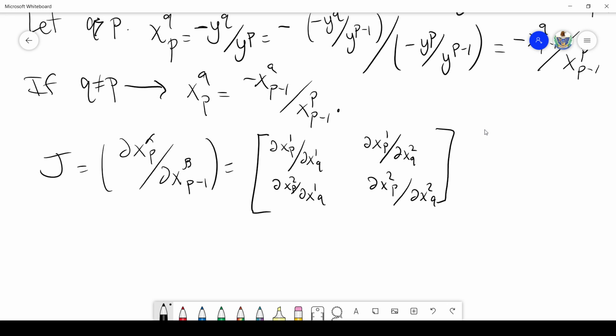So essentially the row determines the coefficient of xp, and then the column determines the coefficient of xq.